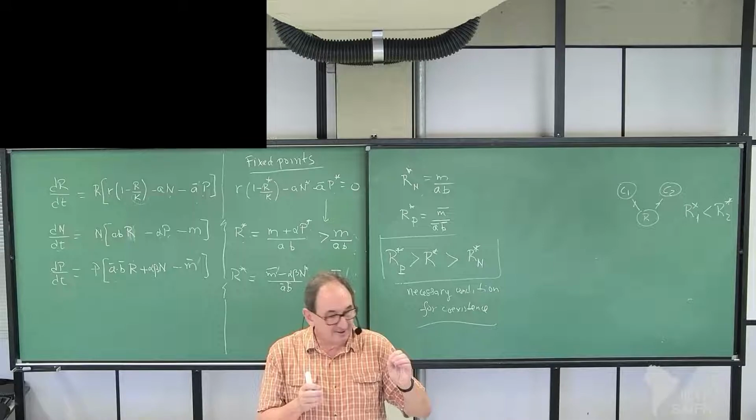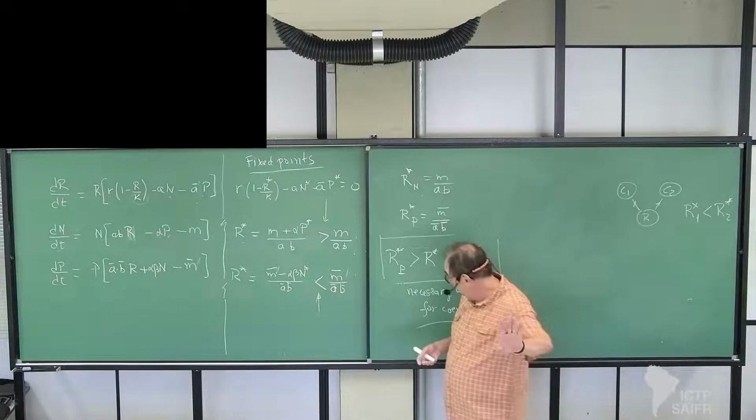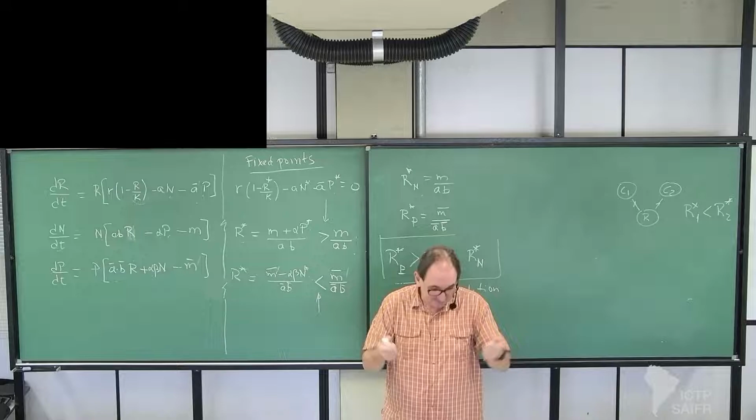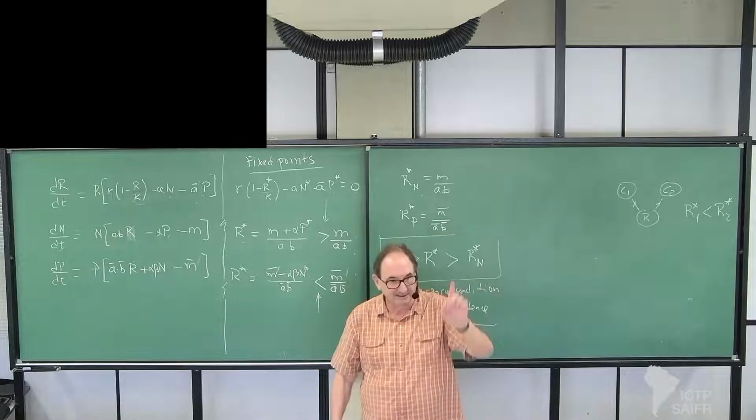If competition is very strong, because say the carrying capacity of the resource is very small, a poor environment, then competition will be much more important than predation, and you expect the prey will eliminate the predator, and at the end be in equilibrium with the resource. And at some intermediate value you expect to have coexistence.